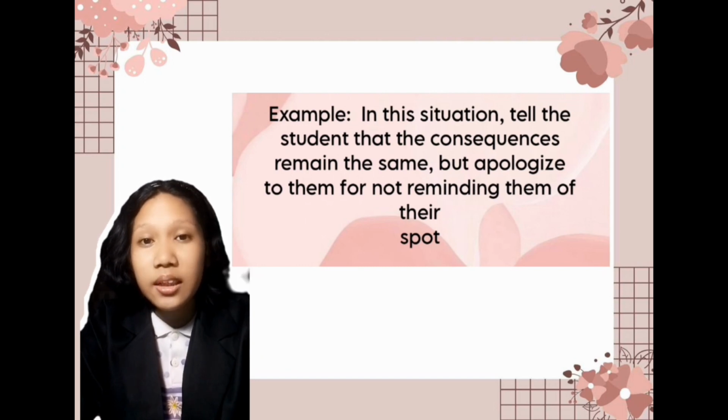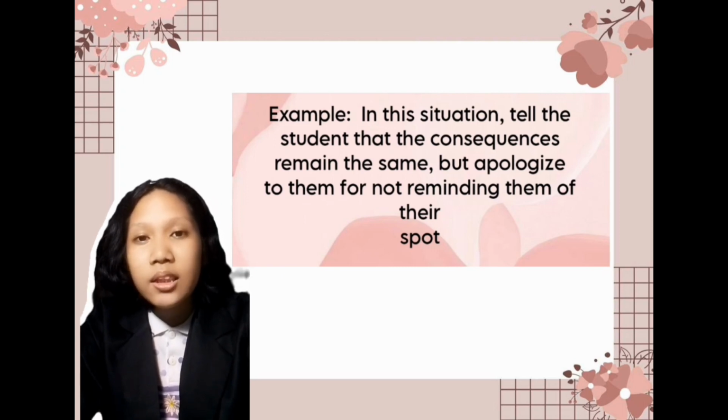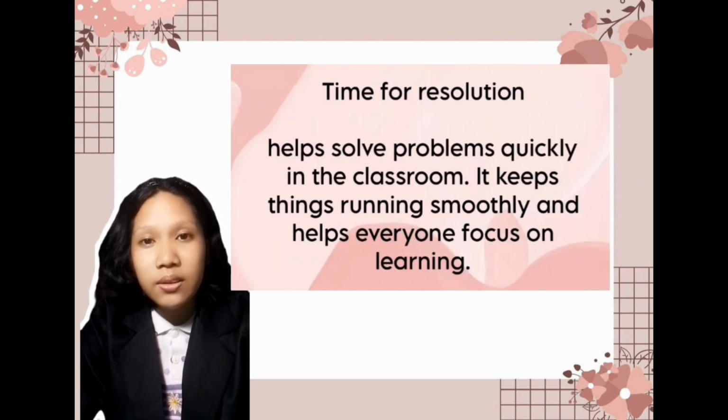The student has an assigned line spot that has been working well, but the student still needs reminders to go to their line. You line up your class but forget to remind them. The student goes to a different spot and pushes in line. In this situation, tell the student that the consequence remains the same, but apologize to them for not reminding them of their spot.